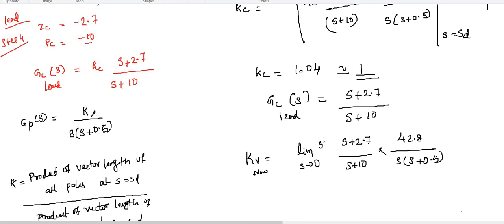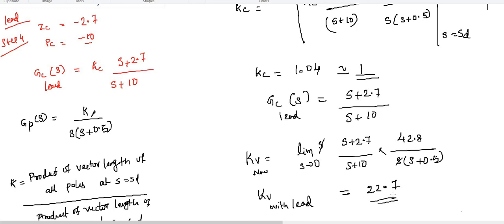When you apply this limit, kV with the lead compensator will be 22.7. We can see that the velocity error constant of the system with our designed lead compensator is only 22.7.